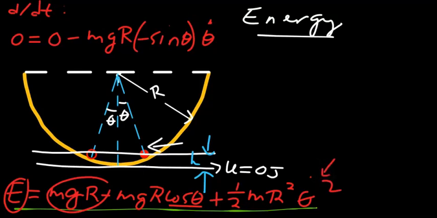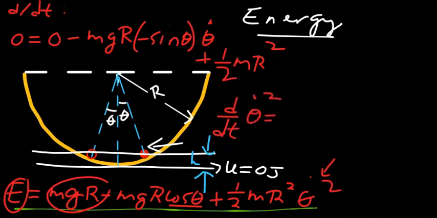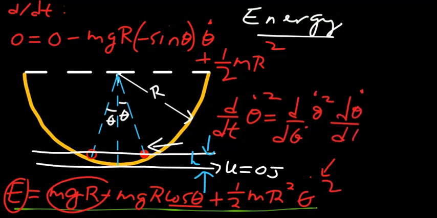Now the last term, the kinetic energy term, plus half m r squared, again using the chain rule, d dt of theta dot squared equals d d theta dot squared times d theta dot dt. This will give you 2 theta dot, and this one simply gives you theta double dot.